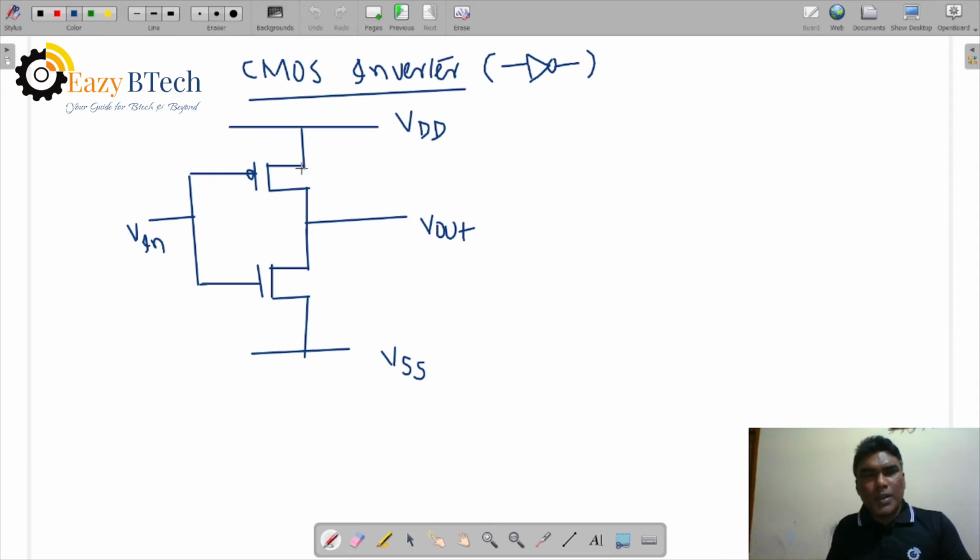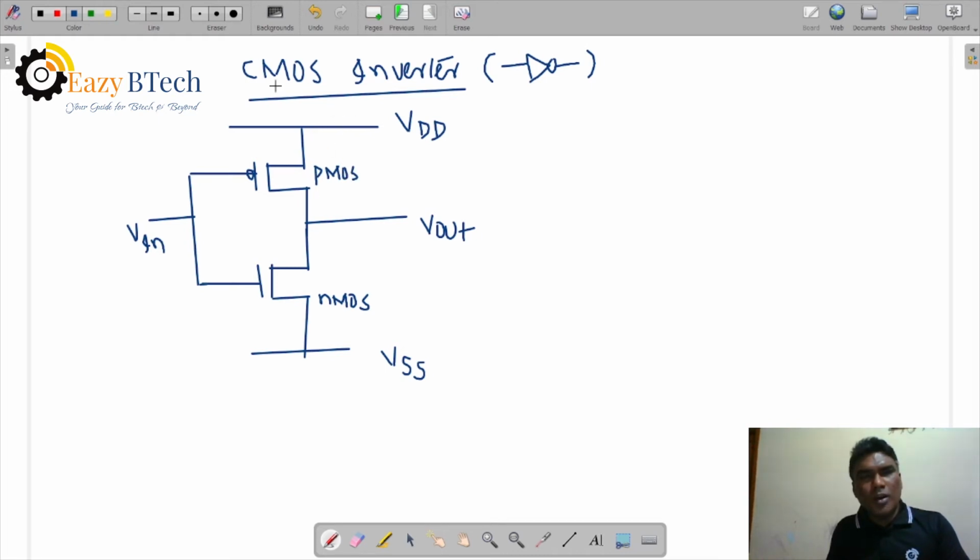In the CMOS inverter, replacing this NMOS depletion mode transistor, we can place a PMOS transistor. So it is a complement of NMOS. We can say this is NMOS and this is PMOS. Both are complements of each other.